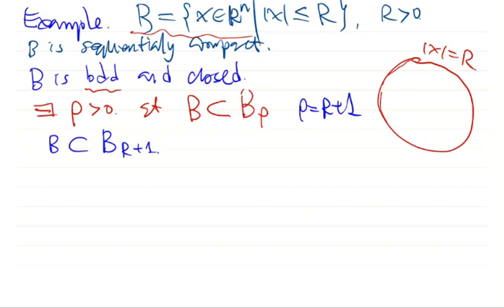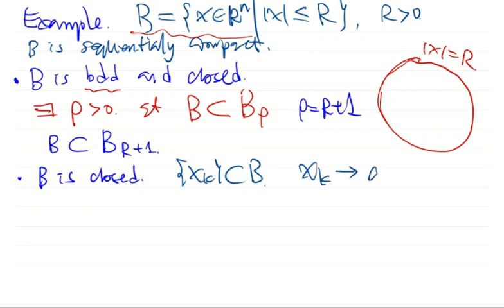B is also closed. This is also easy. We already know that B is bounded. Now we prove that B is closed. To prove B is closed, we take a sequence x_k in B, and x_k converges to some point a. To know whether B is closed, we only need to know whether the limit belongs to B. If the limit always belongs to B, then this implies that B is closed.